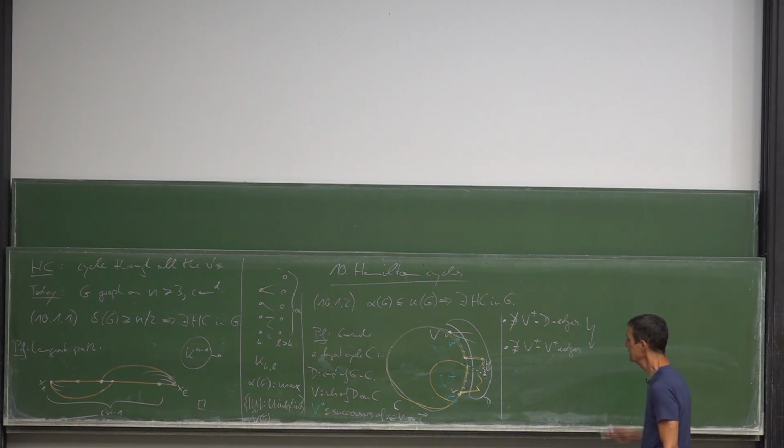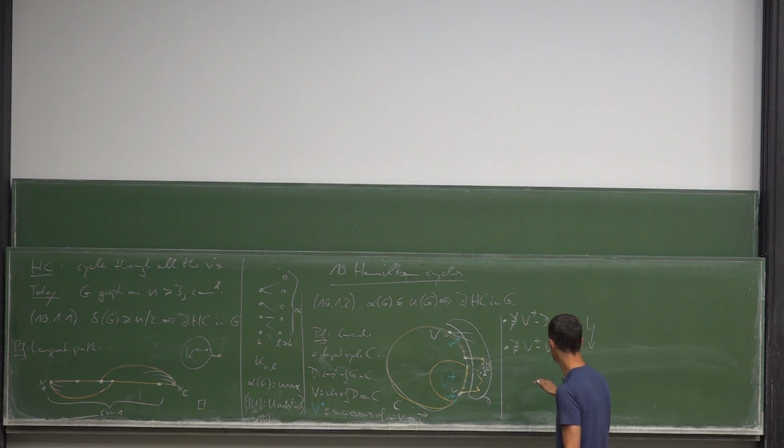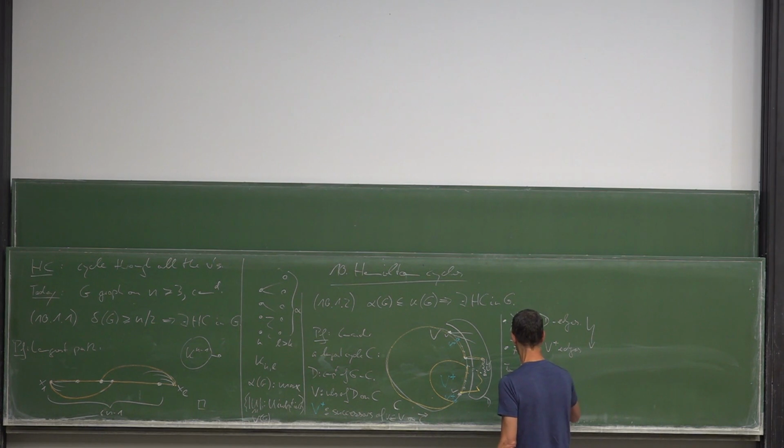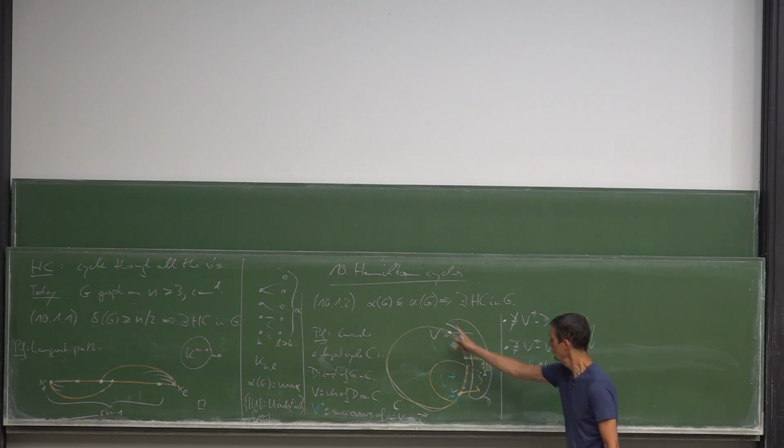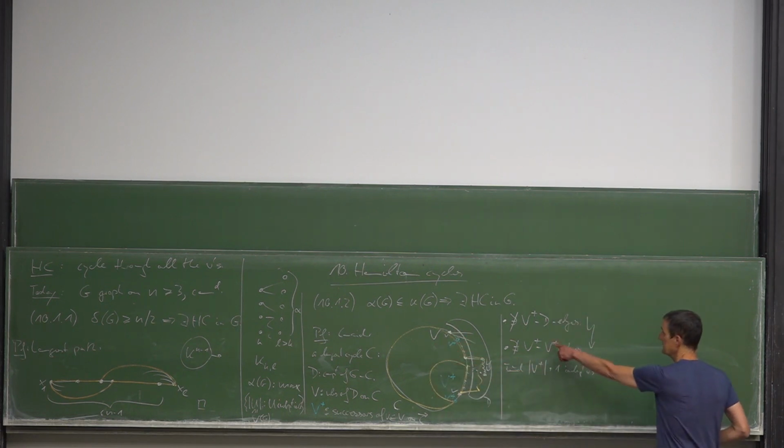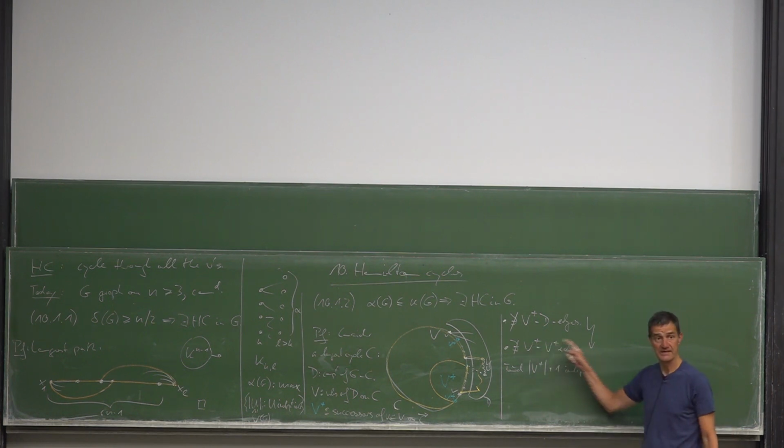Why is that a contradiction? Because we have an independent set of how many vertices? We found order of V plus one independent vertices. All the vertices of V plus are independent, and we'll pick one more in D, and that's also independent of all those in V plus.